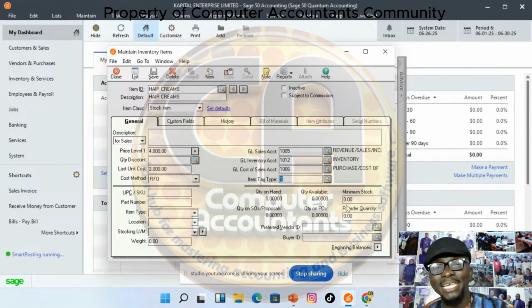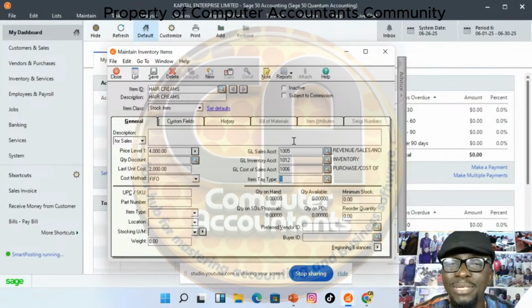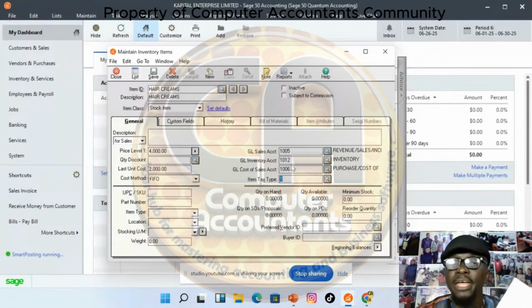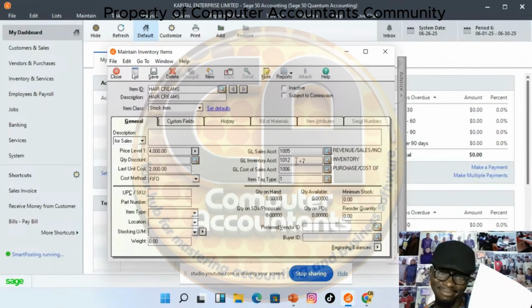If it is a trading business, a retail business, a manufacturing business, a buying and selling business, this is how it is. Now, look at the implication. If sales minus purchases will give you gross profit, then as you are selling, inventory will be dropping.